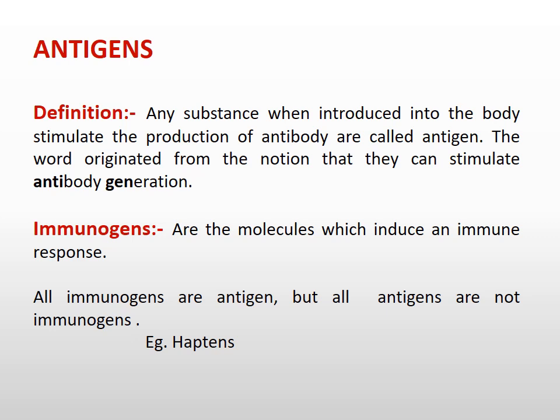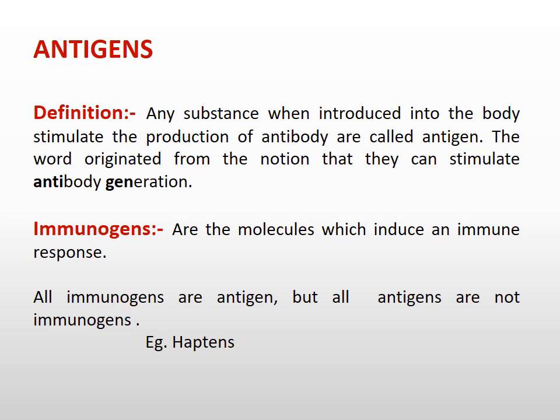Immunogens are molecules which induce an immune response. Okay, so are they different? That is, antigen is different from immunogen? Yes, in some sense, because all the immunogens are antigens, because an immune response can be produced by production of antibodies.